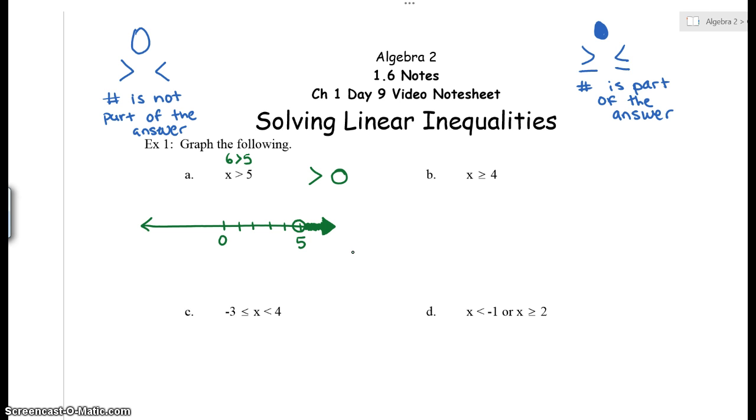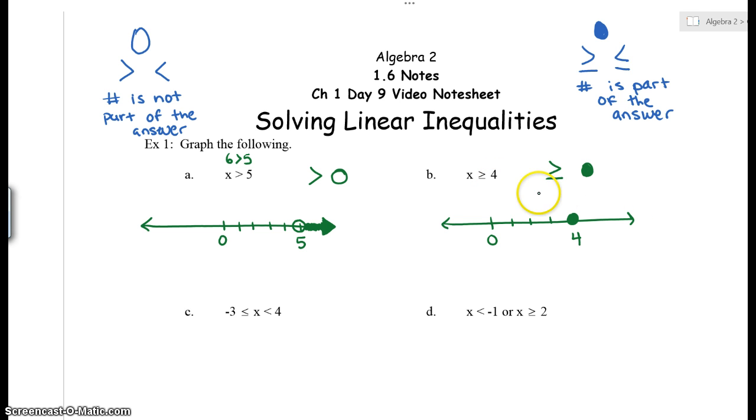All right, great job. Let's look at this one. So first of all, I notice that it's greater than or equal to, so I know that it's a closed circle because it falls into this category right here. And I'm going to go ahead and draw the number line, and here's 0. 1, 2, 3, 4. Here's 4. At 4, we're going to have a closed circle because it's equal to. And then it says x is greater than or equal to 4.